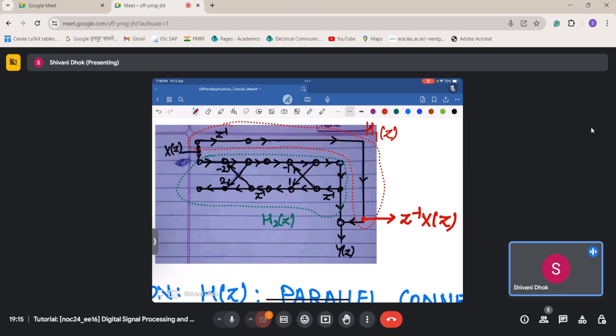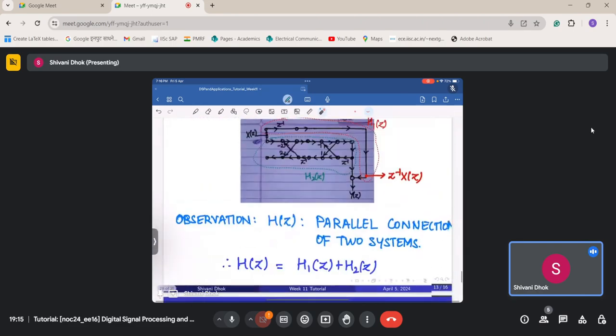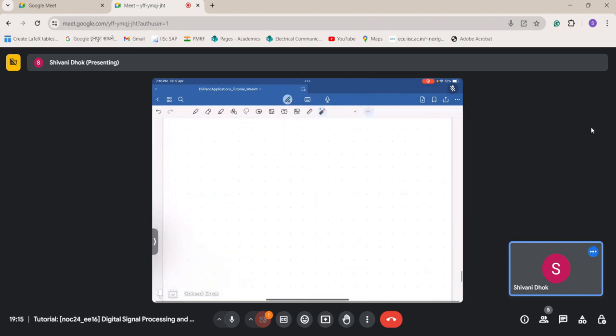This point is the output of the first system, so the output divided by the input will give me h1 of z. Therefore my h1 of z is equal to z inverse. Let us quickly write that down: h1 of z is equal to z inverse.